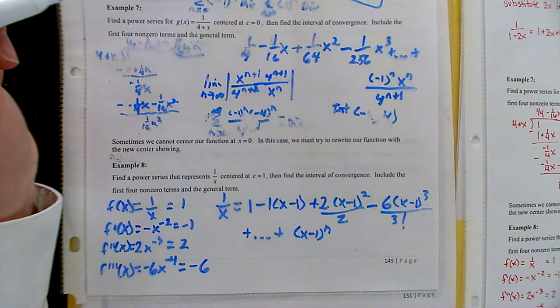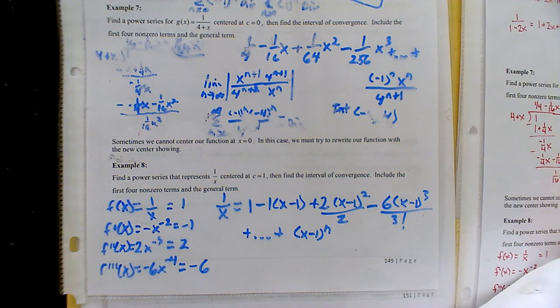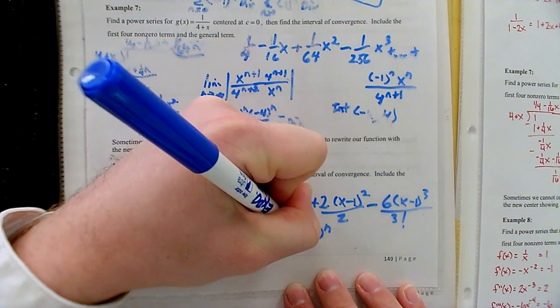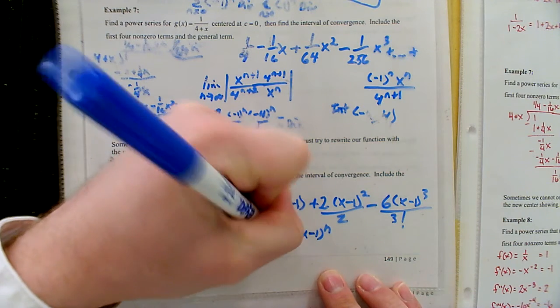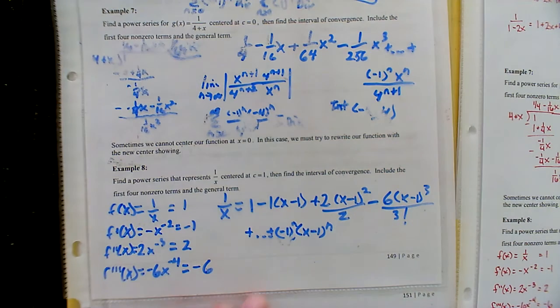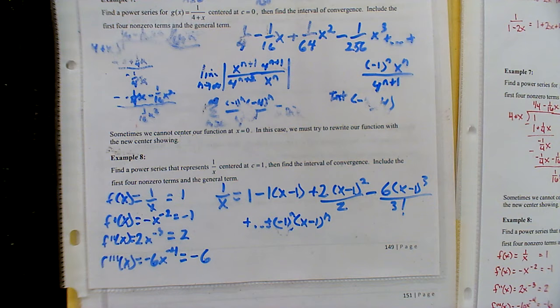What about the positive and negative? Negative 1 to the n. So negative 1 to the nth times x minus 1 to the n. Again, your coefficient's going to cancel out with the bottom, so we don't actually have to worry about the factorial. So that's how the power series of 1 over x looks.